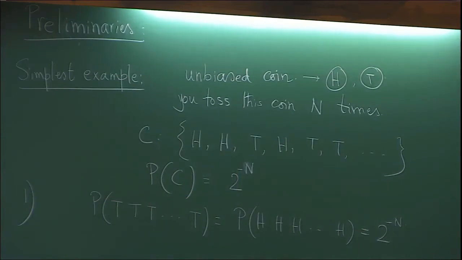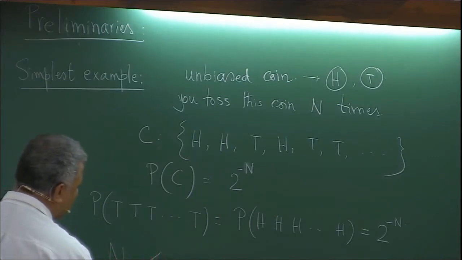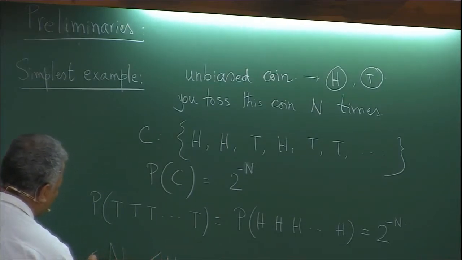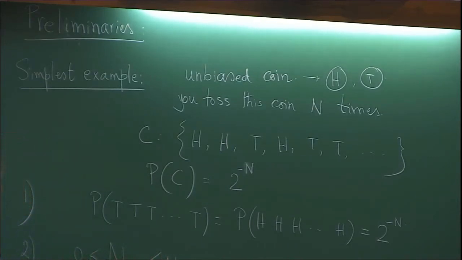Now if I look at a particular observable, the simplest observable is the number of heads, n_H. Of course, it lies between 0 and n. In this configuration, n_H is 0.